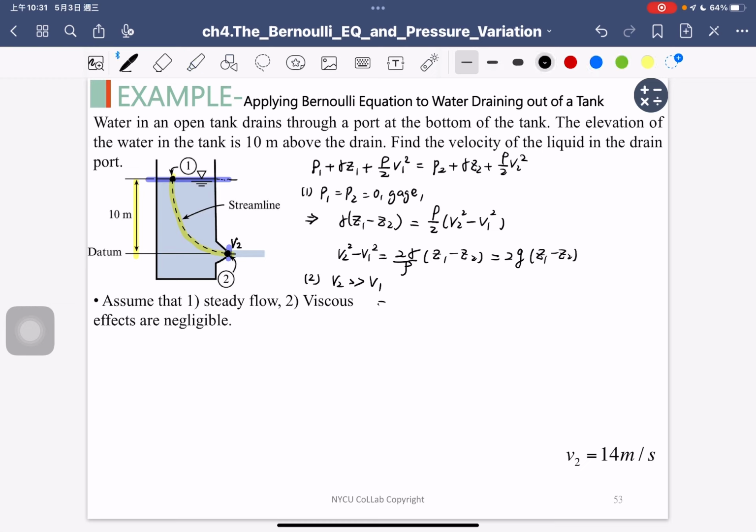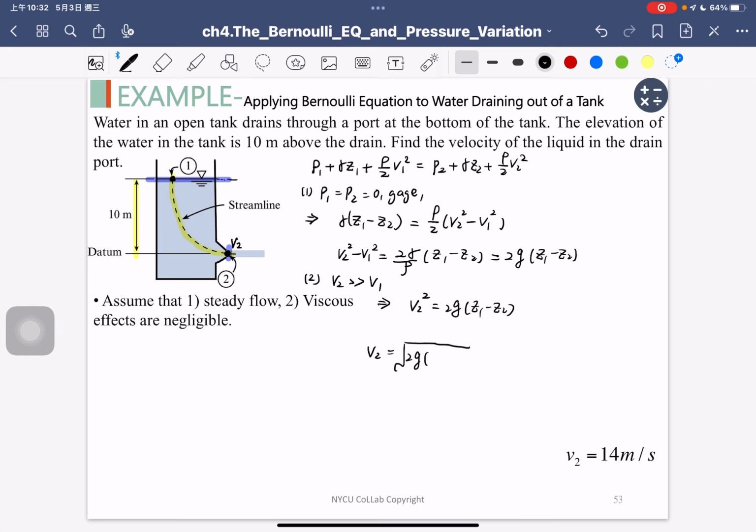So I rewrite the equation. I only conserve V2 squared equals 2g times D1 minus D2. As a result, V2 is equal to the root of 2g times D1 minus D2.